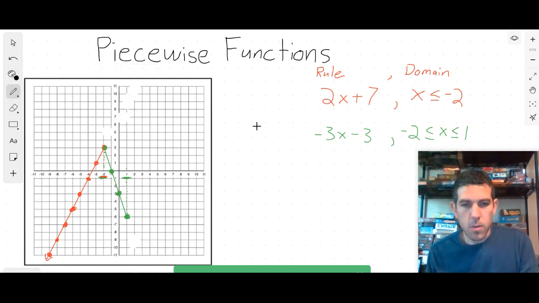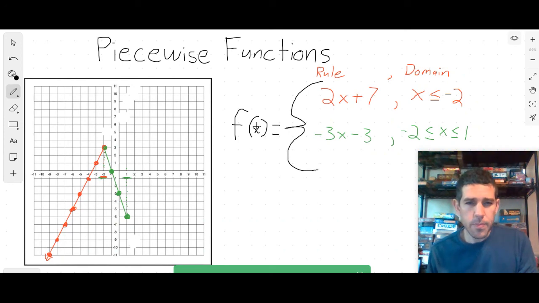We'll see something like this: here's our piecewise function, f of x, and we're going to have multiple functions inside of it. So f of x is equal to these multiple rules, two rules now, that have two different domains for when to use the given rule.